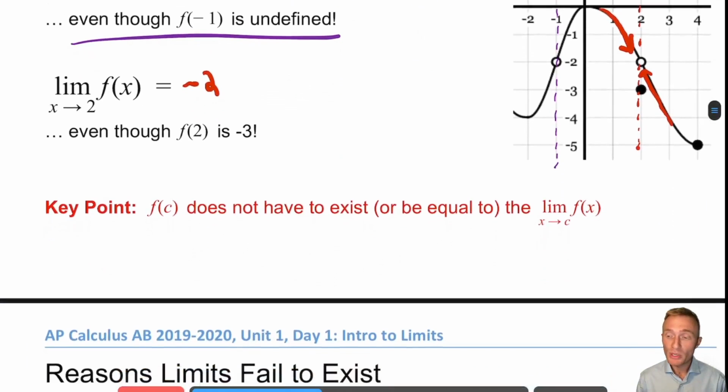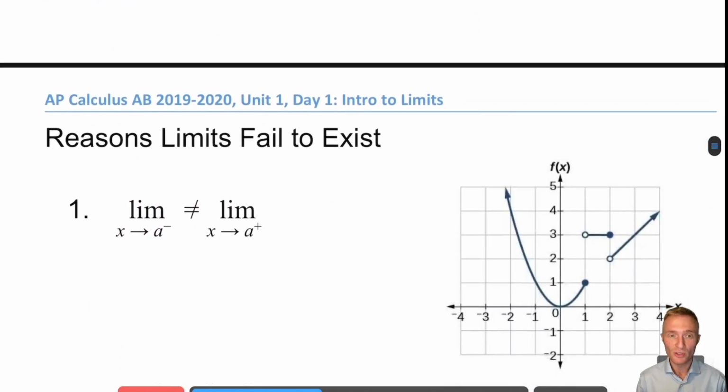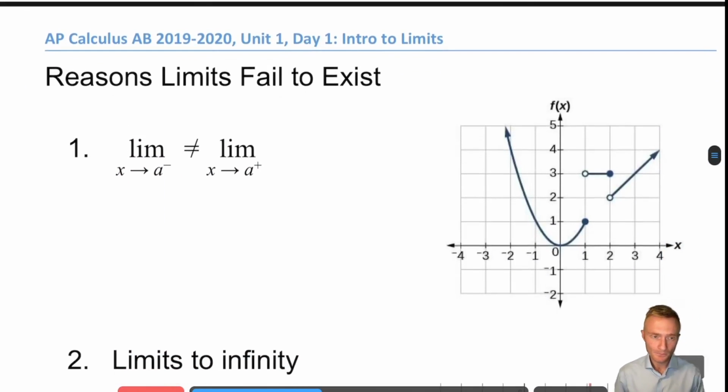I'm just going to give you 3 quick examples of reasons that limits fail to exist. So reasons you might not have a limit. First, the case we've already covered: the limit as x approaches a from the left does not equal the limit as x approaches a from the right.